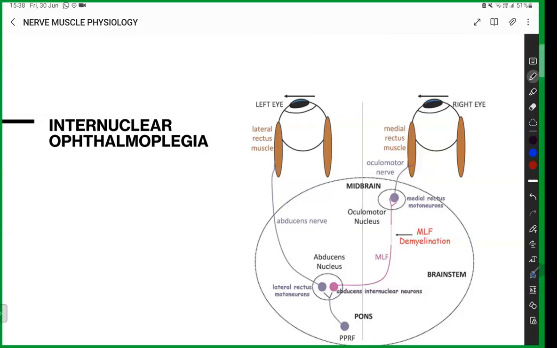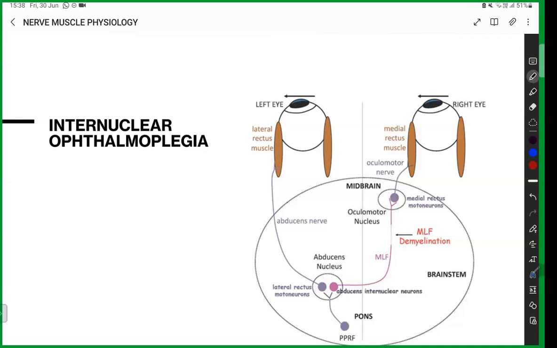You know that first your lateral rectus muscle is the one which has to move. So your brain will be giving a stimulus to the lateral rectus muscle. That is going to come from the PPRF. From the PPRF, you're going to have the transmission of impulse to the abducens nerve. This abducens nerve will go through the lateral rectus motor neuron to move your lateral rectus.